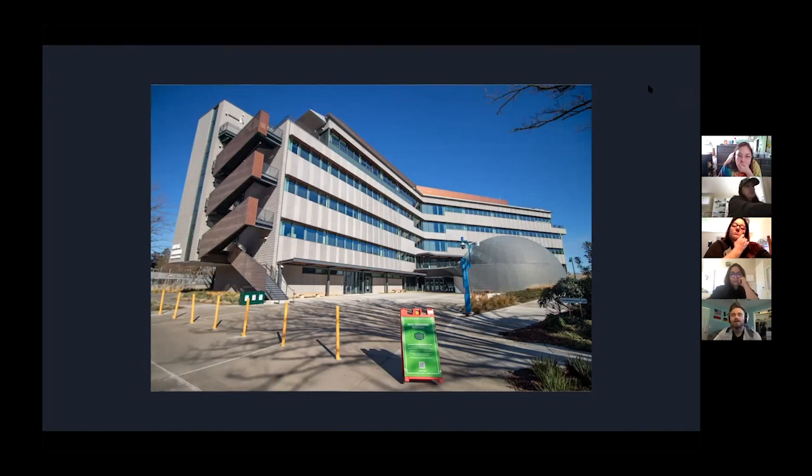Yep, I agree. So I've already shown you a decent amount of photos of the science building, and that's because I had the hardest time photographing it. And this was one of the photos. I would say this is a passable photo, but I would not consider it a strong photo.